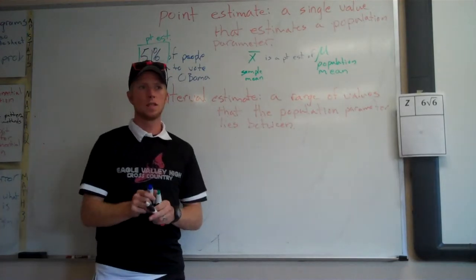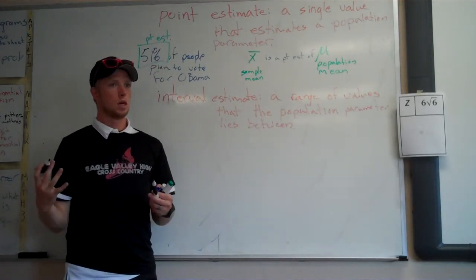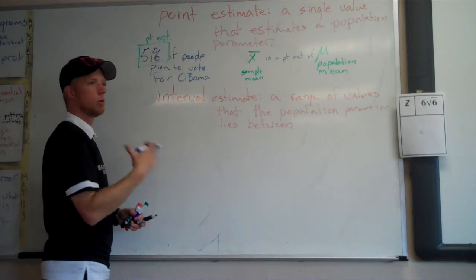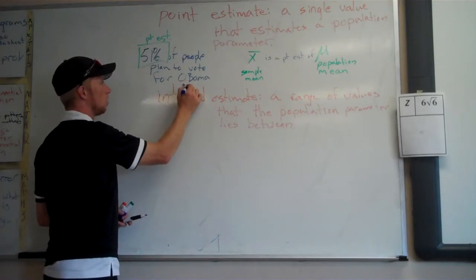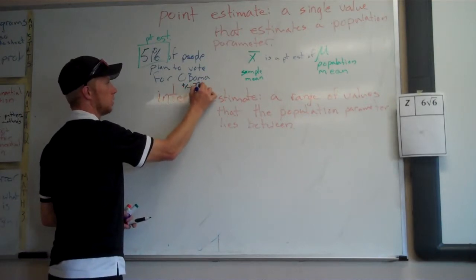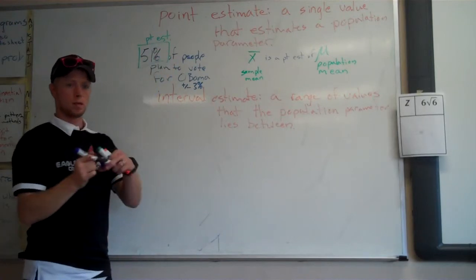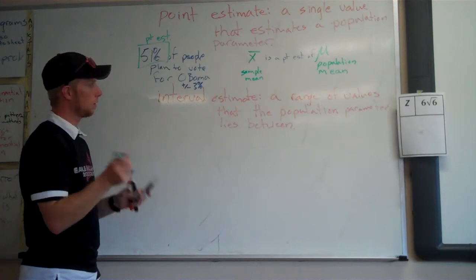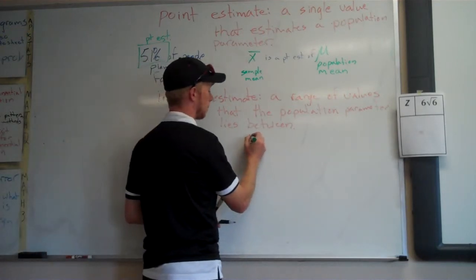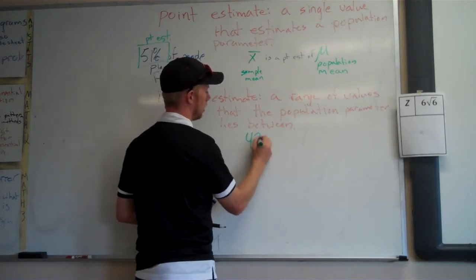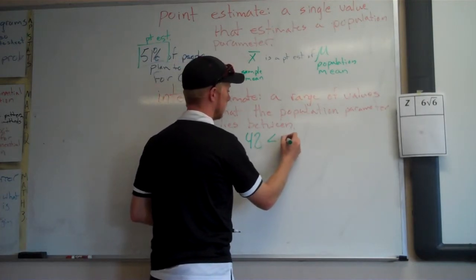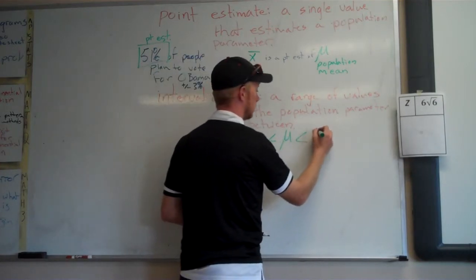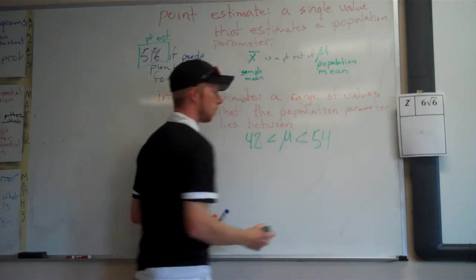So if we one more time revisit our example of the national election last year, if I had a poll that said 51% of people plan to vote for Obama, plus or minus 3%, this is still a point estimate. My interval estimate starts to look like 48 is less than my average is less than 54.